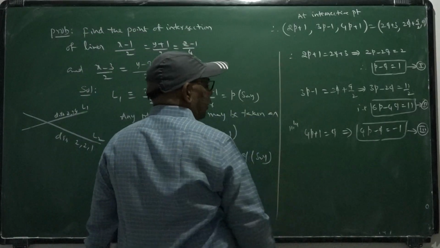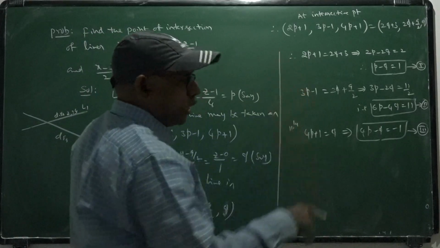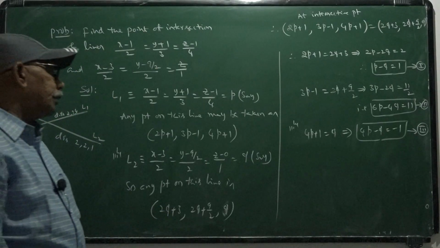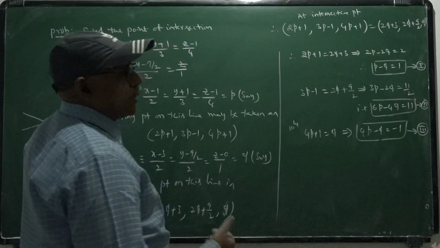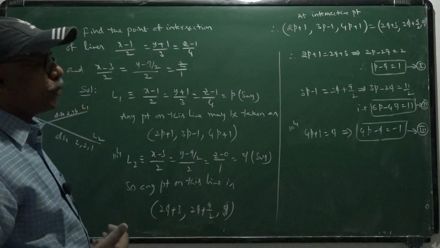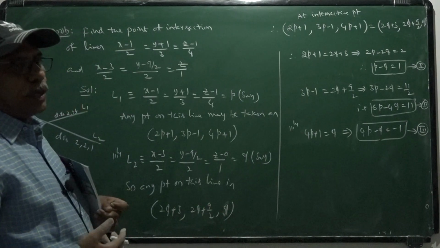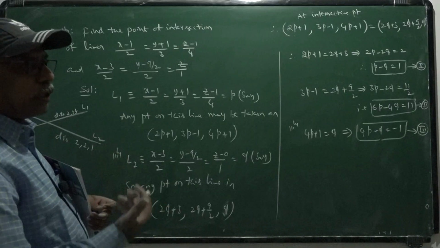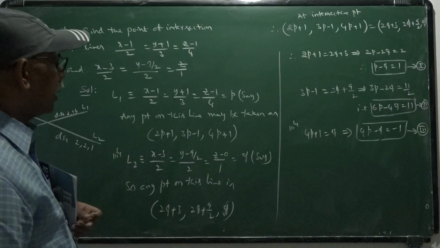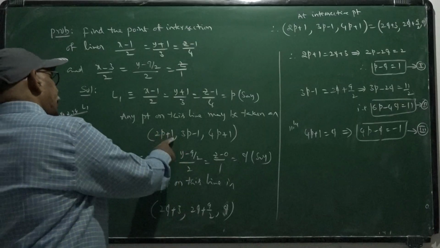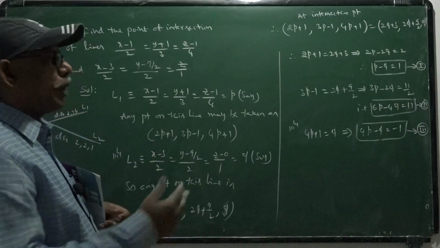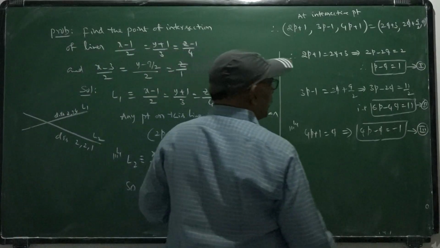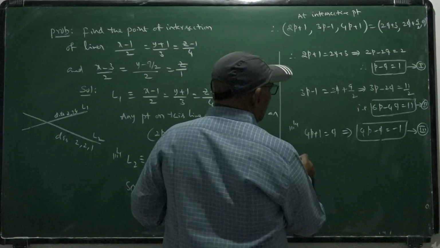So once these 1, 2, 3 have a unique solution, that means once we are able to find the values of p and q, they satisfy all three relations, then we get the intersecting point for the corresponding p and q values. To get such values, solve any two.